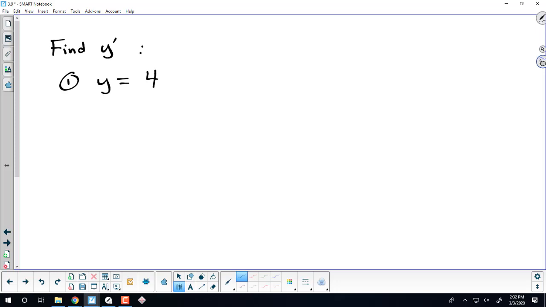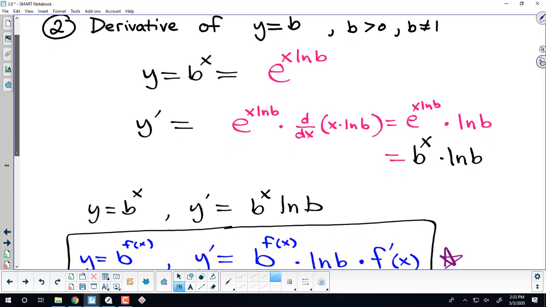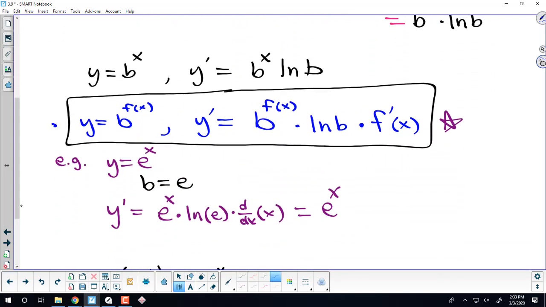Y is equal to 4 to the negative x. What would y prime be for the derivative? So we go back. We're looking at this one here.